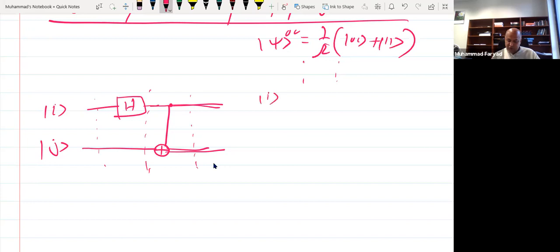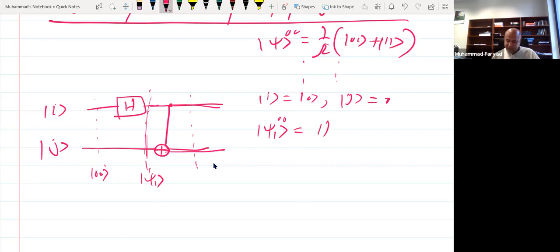Suppose your I state is 0 and your J state is 0. So over here we are at the 0 0 phase. So what happens at this stage? At this stage, let me call it psi 1, and let me label it with 0 0.